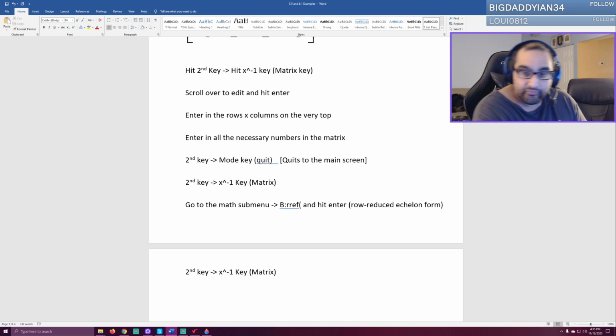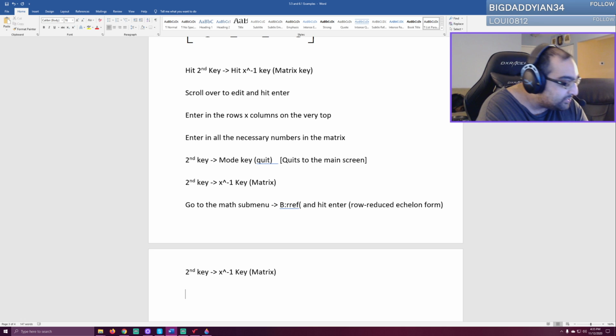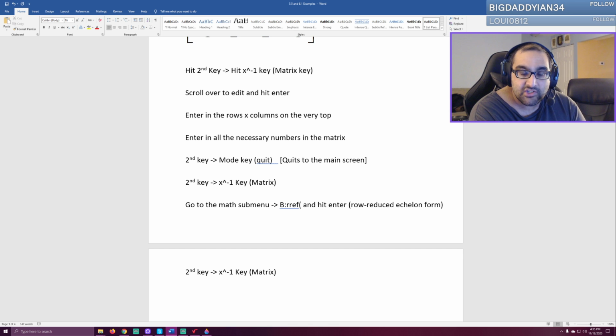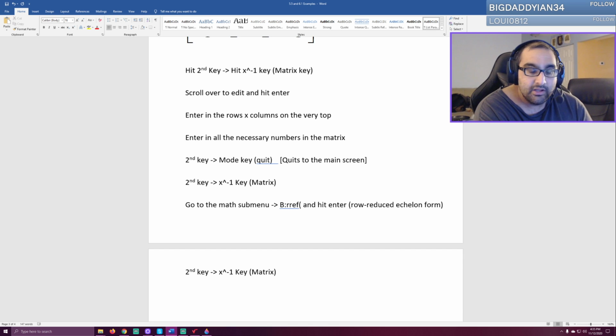And now, as you see, we see the names, math, and edit. This time, the cursor where it starts at is underneath the name submenu. And you can see matrix A is that same 3x4 matrix that we had entered in earlier. So I want you to go ahead and hit enter on matrix A underneath names.